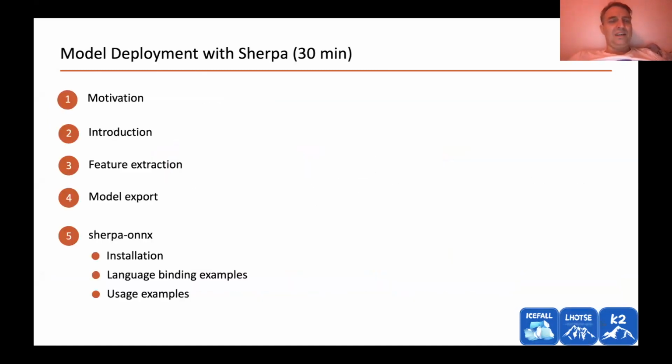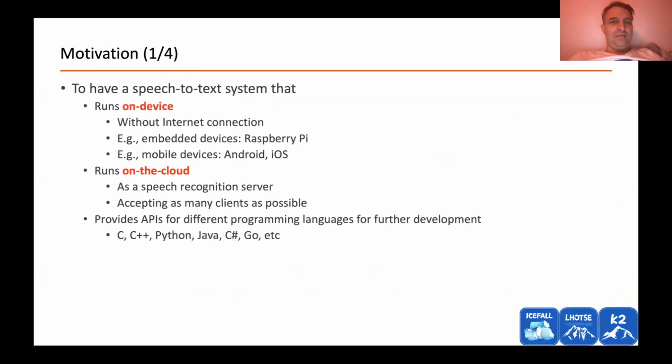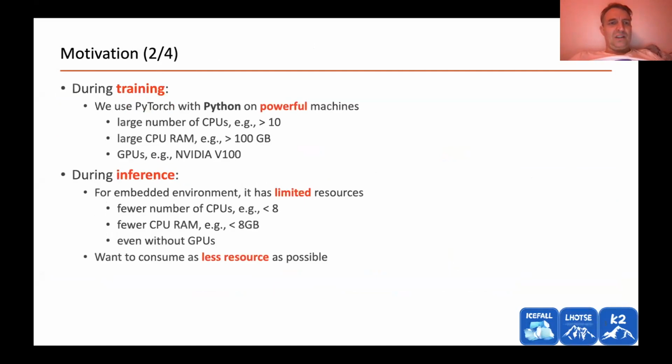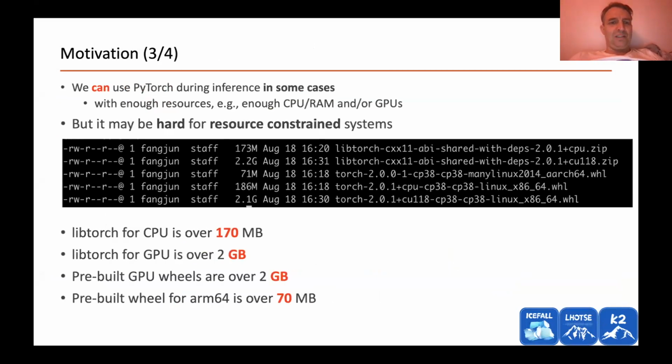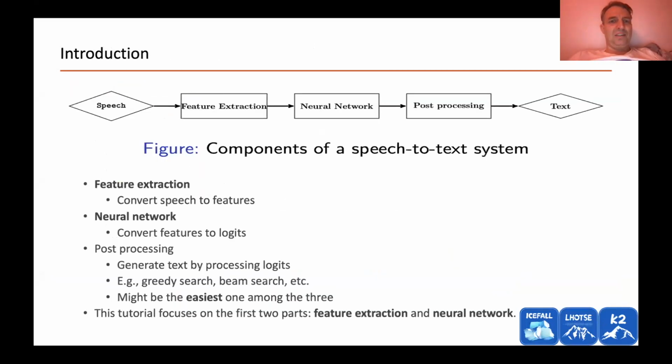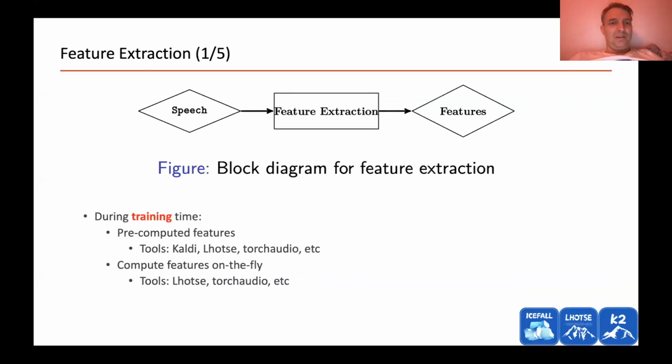Let me just flip real quick through Fangjun's presentation on Sherpa. This is the inference framework. I'll just zip through this and you can get some general sense of what he's talking about.